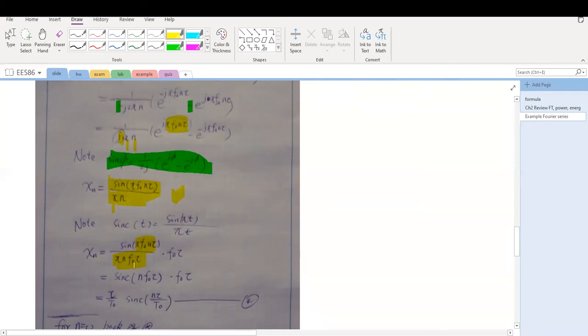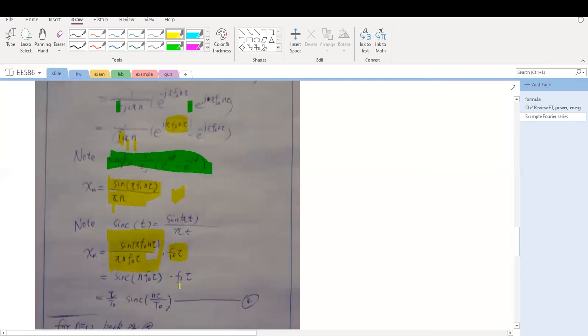I include f naught tau in the denominator, so I have to multiply here. This whole box here is sinc n f naught tau, because sinc t equals sine pi t divided by pi t. So this term equals sinc n f naught tau, multiplied by f naught tau.